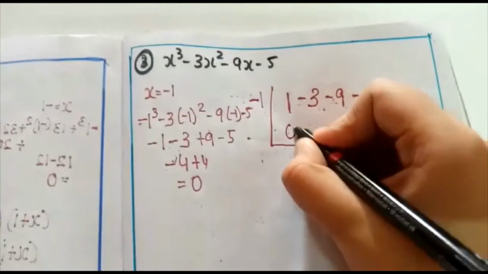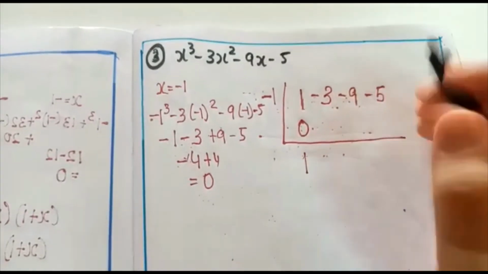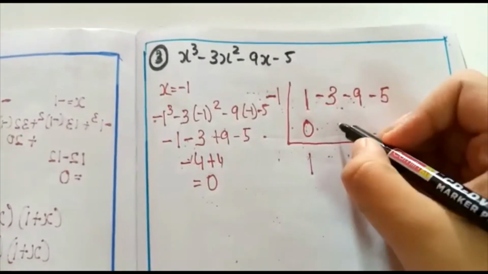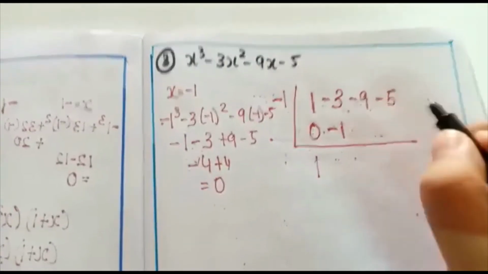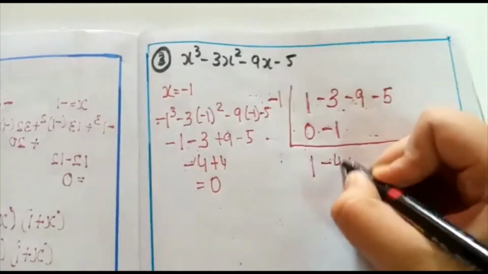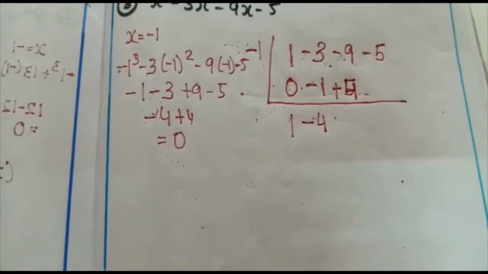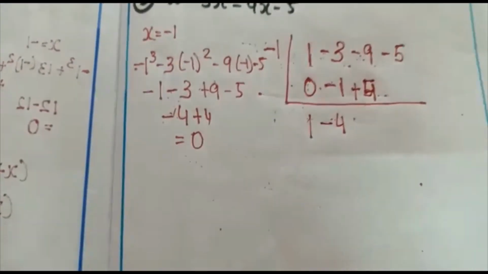So as we got the answer as 0, minus 1 will be written here. We start synthetic division with 0 every time, both positive, so add 1 plus 0, 1. Second term, multiply the divisor with the first answer, 1 into minus 1, minus 1, minus minus plus, but the negative sign, so minus 4. Minus 4 into minus 1 will be plus 4, so we put the positive sign.